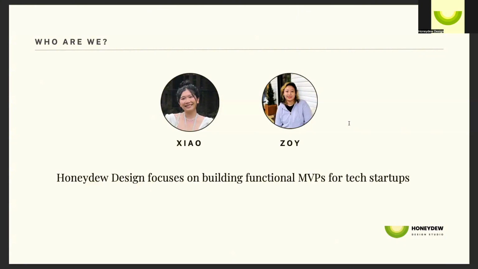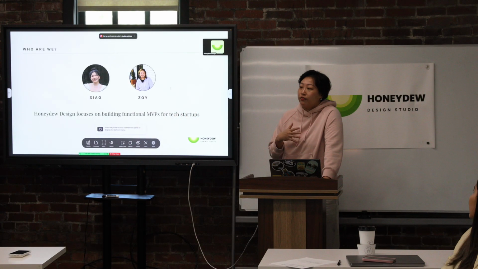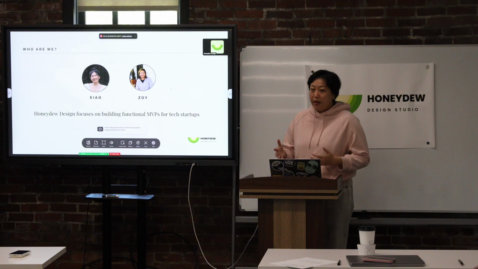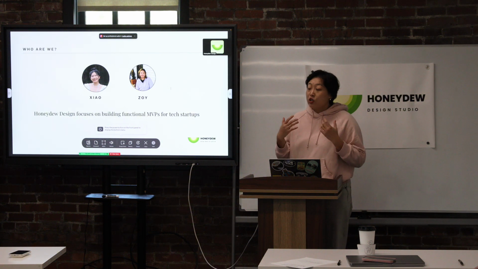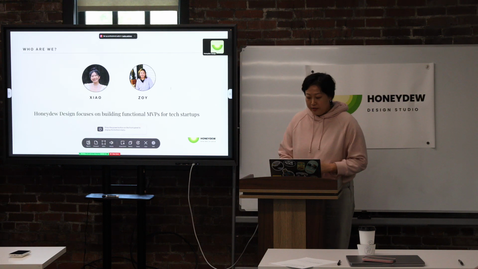When we talk about tech products, it's mainly mobile apps, desktop applications, or sometimes websites. Most of our clients are tech companies and product owners at a very early stage, so our mission is to collaborate with them and create an MVP from 0 to 1, to make sure it's functional for the users and also launch-ready for the market.